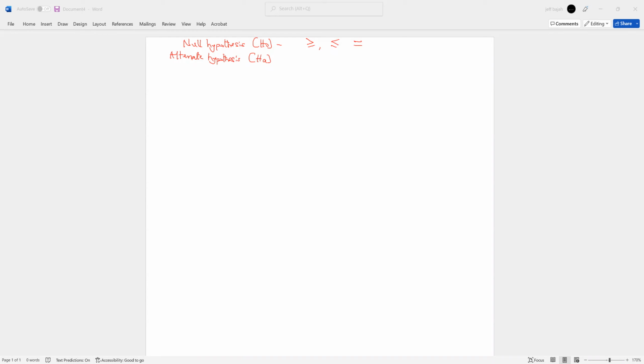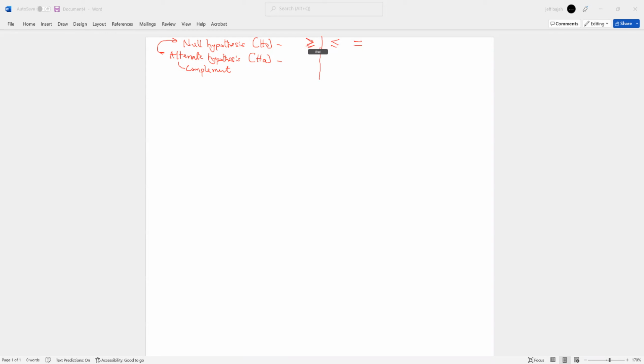So by setting up the null hypothesis, the conclusion is that if we don't agree with the null hypothesis, then we'll have to agree with the alternate hypothesis. So this is always known as the complement. And the reason why it's called a complement is that if it's not the null, then it's going to be the alternate. And so it's always going to be the opposite. So you can see this says greater or equal to.